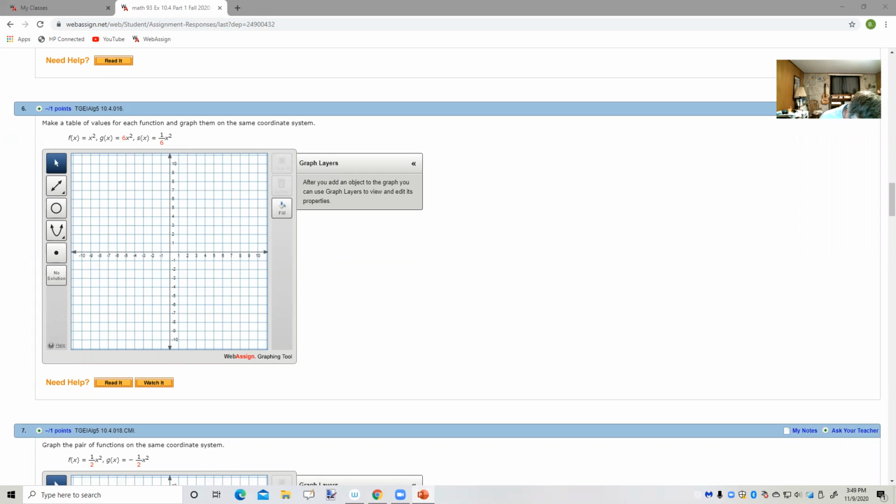So I've got f of x equals x squared, and then g of x equals 6x squared, and finally, s of x equals 1/6 x squared. Okay. What I'm going to do now that I've got this grid ready, I'm going to go back to my board and do some calculations.